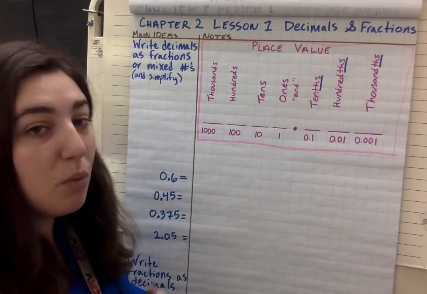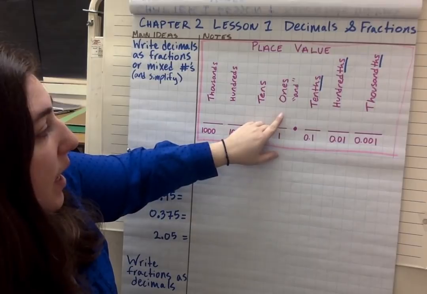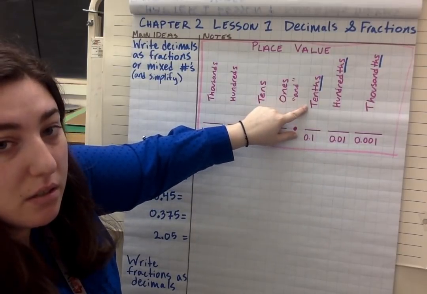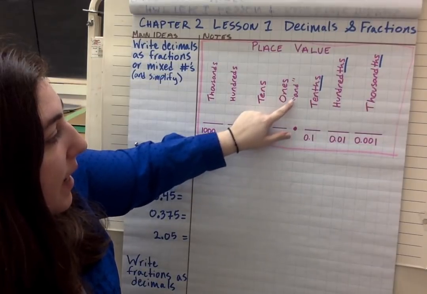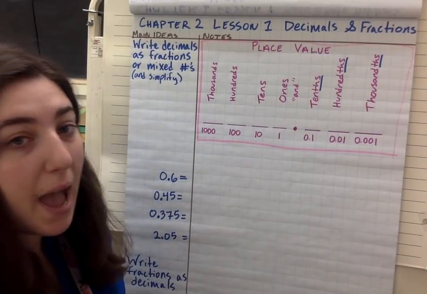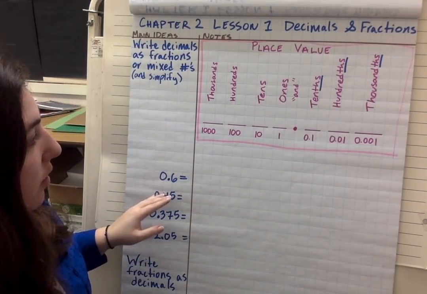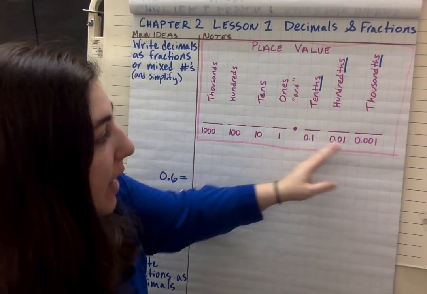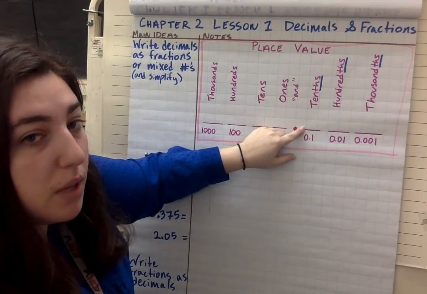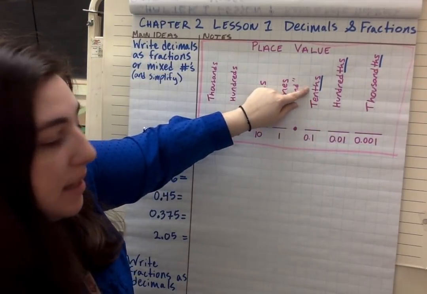But the way that I would say it is going to be 0 and 6 tenths. Okay, I have to say whatever number my decimal falls on, like the last number that it's placed in, you have to say the word along with it. So 0 and 6 tenths.